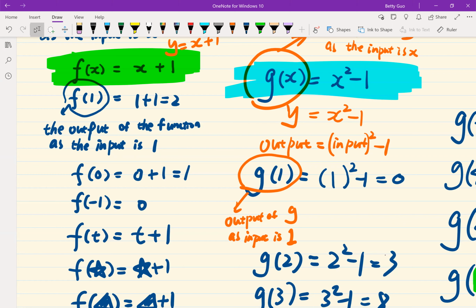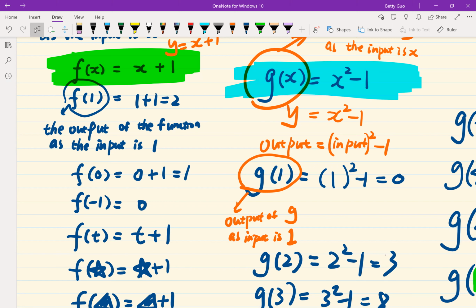If f of x is x plus 1, that function is a linear function. That machine produces output equals input plus 1, right? Then you need to understand what f of 1, f of 2, f of 0, f of t, f of star are. Those are outputs for a given input, and the given input is in the parentheses, right?